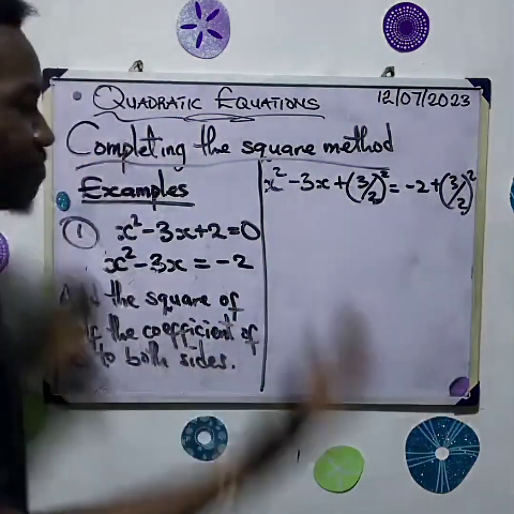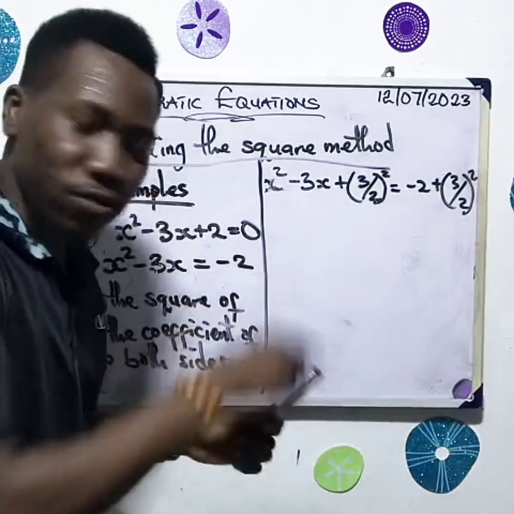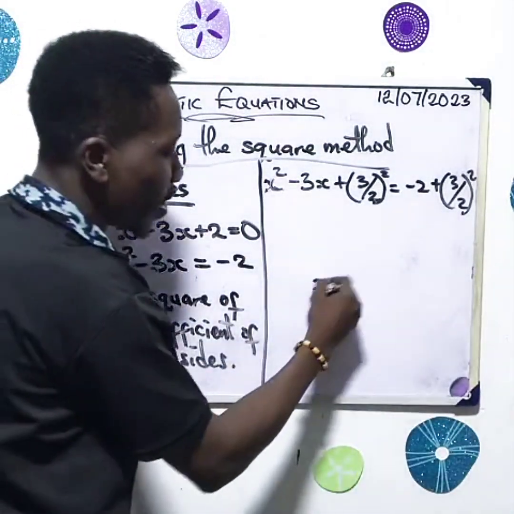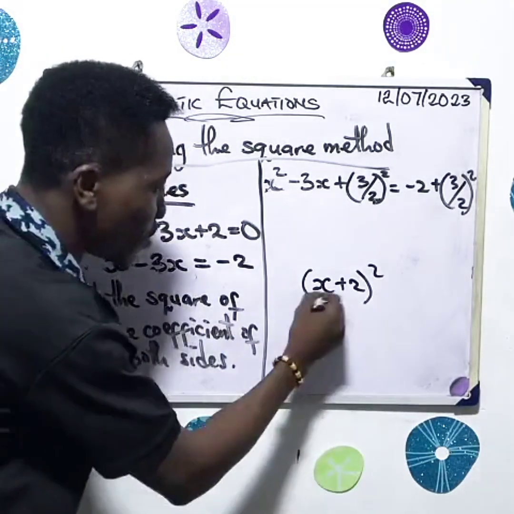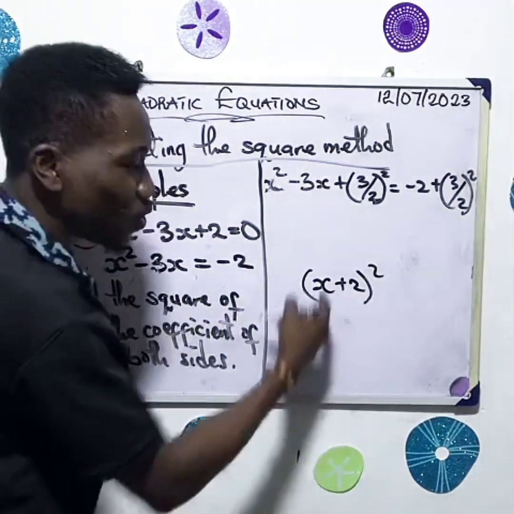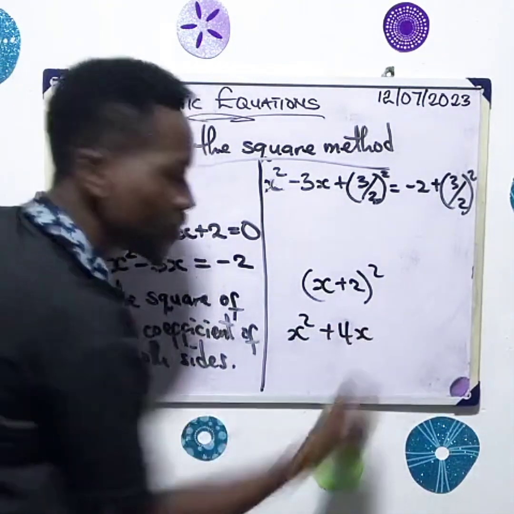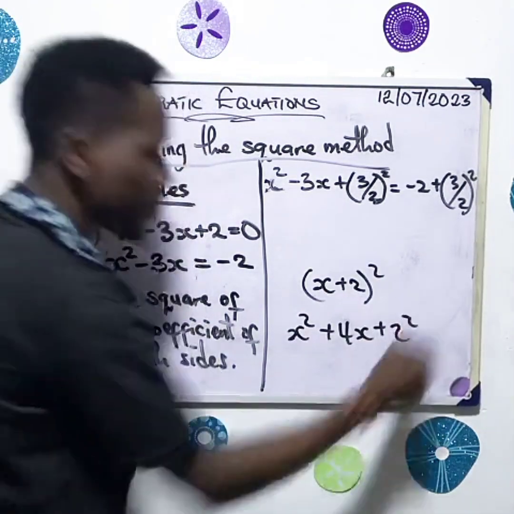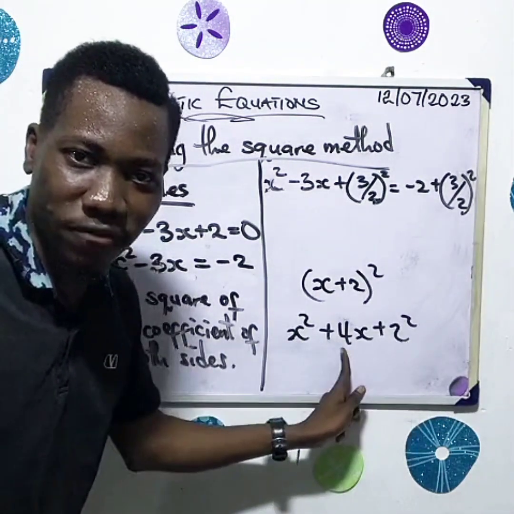Good. Now what's the next thing? Remember the expression I was trying to explain before we came to this. I said if you have x plus 2 squared, that is going to give me x squared plus 2 times x, 2x times 2, plus 4x plus 2 squared. A perfect square, when this number here is half of this.